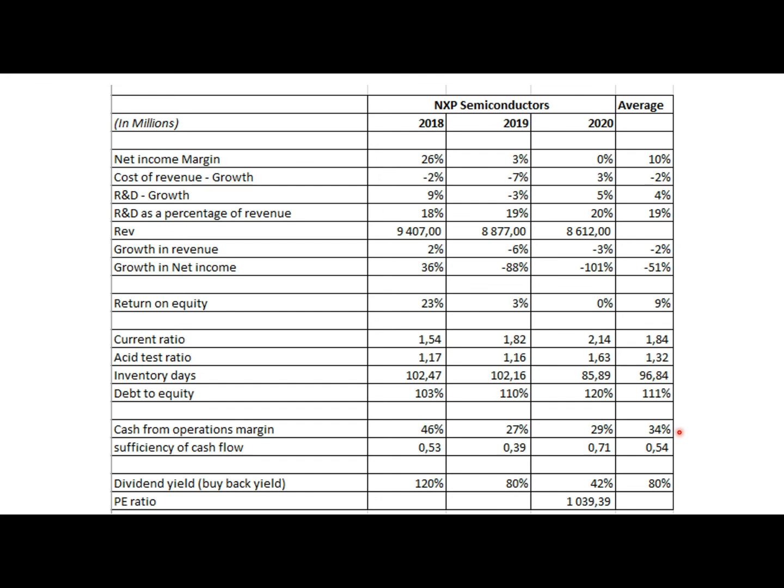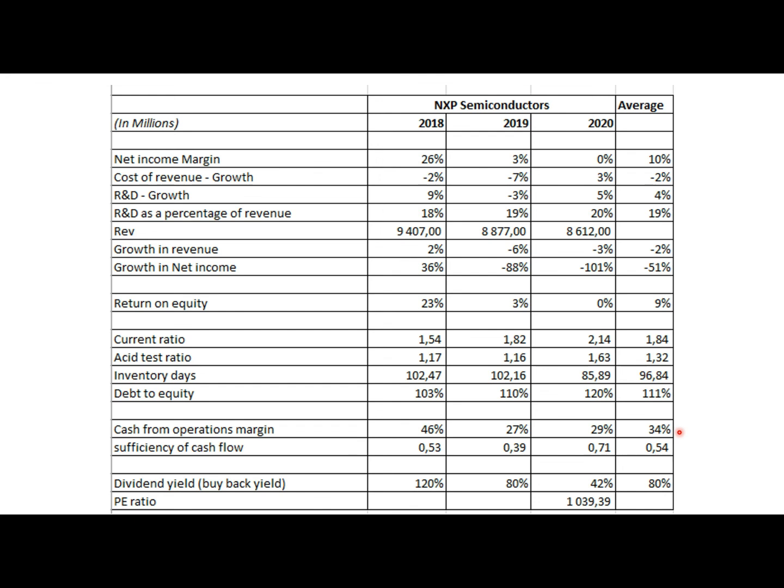However, the cash flow from operations margin, the cash margins, are a bit worrying, considering COVID is really wreaking havoc on this company, on NXP, as well as the difficult market conditions. It is good, I mean, it's above the industry average of 32%, but it worries me.